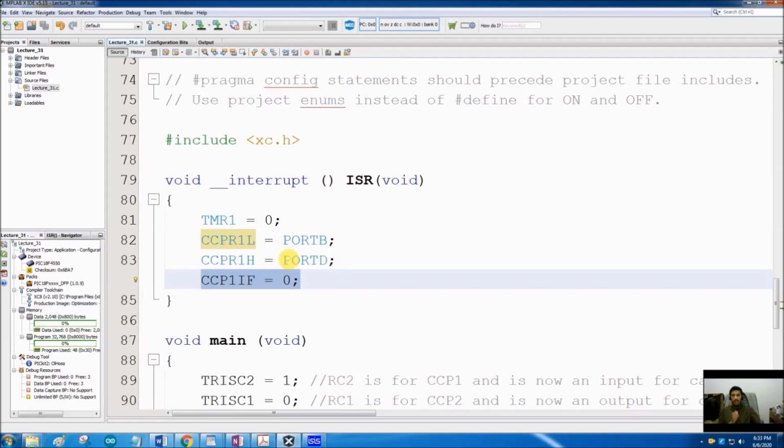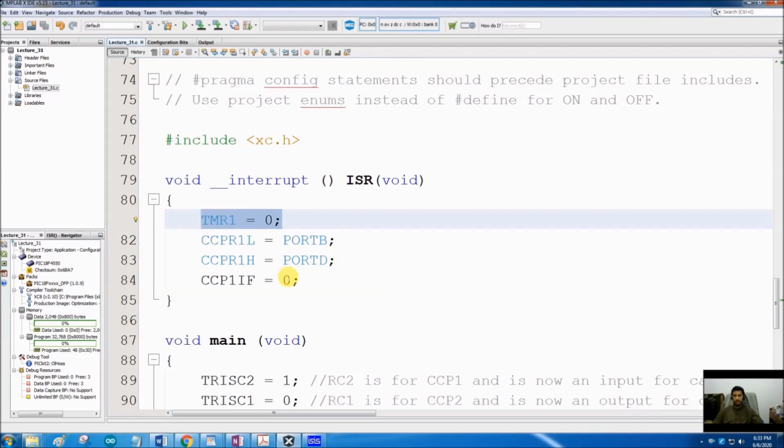And let me tell you again, even in this approach, it is not 100% accurate. Why? Because as soon as the interrupt occurs, the processor completes its previous instruction and then moves to the interrupt. So maybe one instruction cycle is wasted in that. Then when it comes inside the interrupt, even though I am resetting the timer to 0, I am resetting it manually, using some instruction.